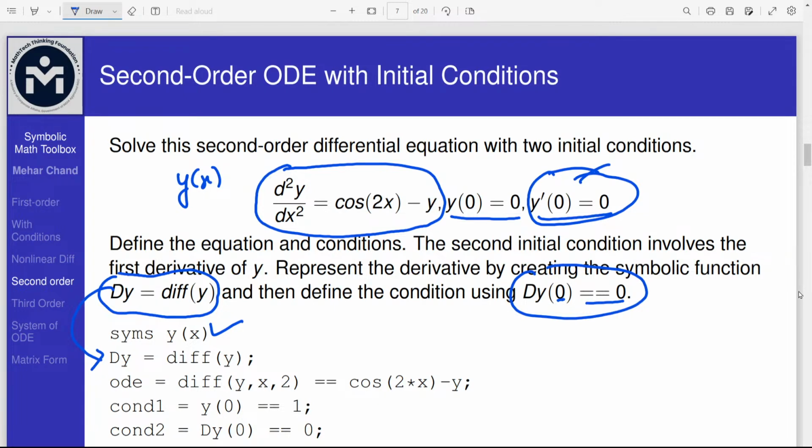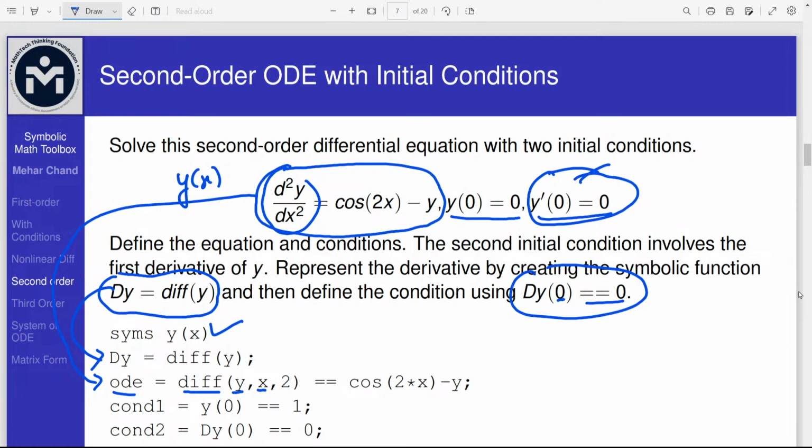I will explain later. Now for this differential equation, ODE is equal to the second order derivative. We can define the second order derivative in this way: diff y comma x. We are going to differentiate y with respect to x, and 2 means second order derivative.